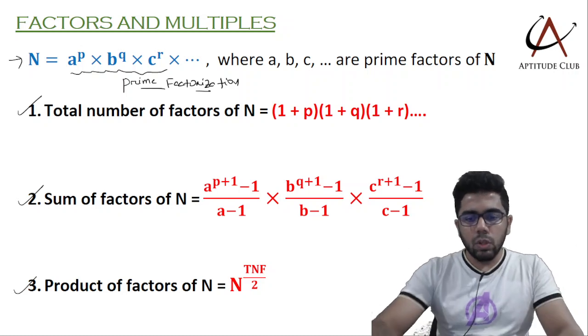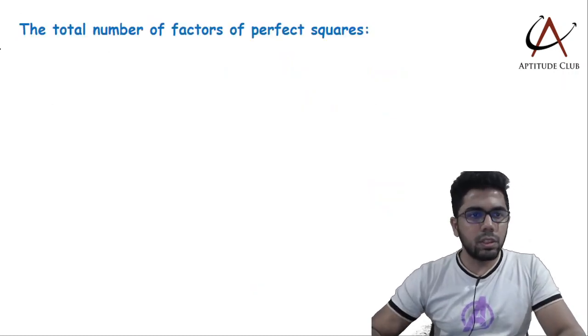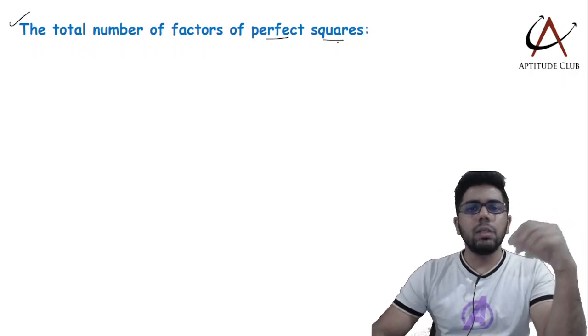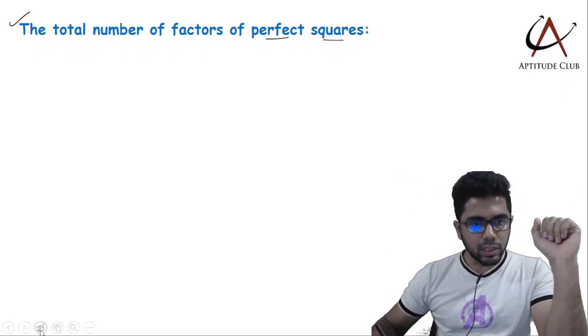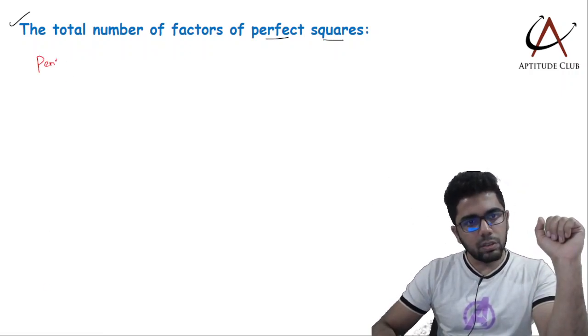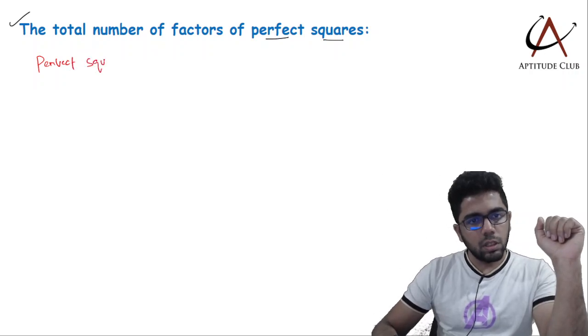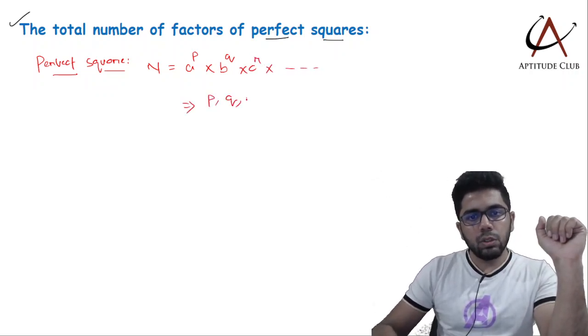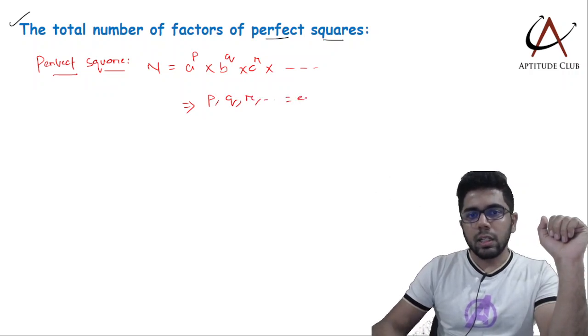Now going forward, the first thing that we need to know is what will be the total number of factors of perfect squares. Now why bring in perfect squares? To understand this, let us do this. Whenever I take a perfect square n, if I prime factorize it in this form, a to the power p, b to the power q, c to the power r and so on, in a perfect square, p, q and r are even numbers.